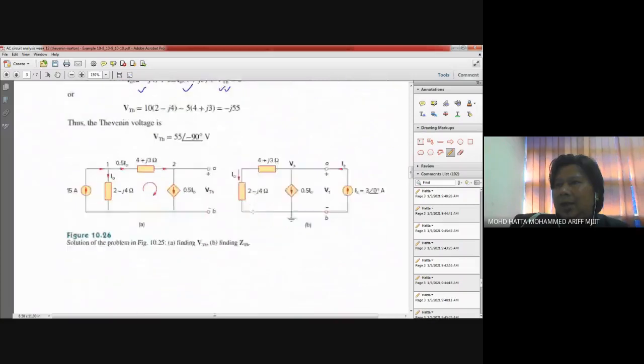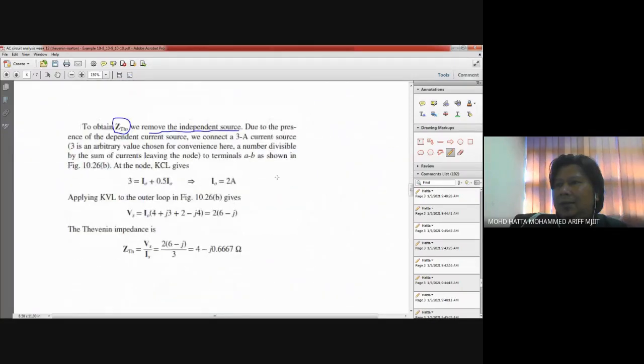So at the end, what we have here is this impedance at the top there, another impedance over here, and the dependent current source over here.